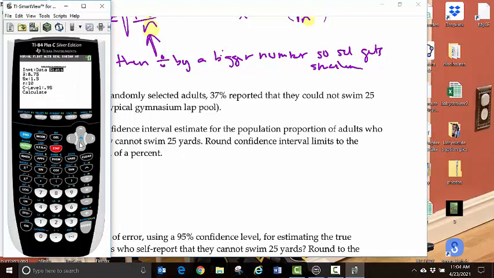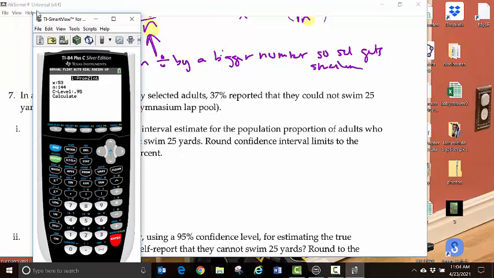So this time it's stat tests 1 prop z int, sorry, 1 prop z test is next week. All right. They reported that in a recent poll out of 900, 37% reported that they could not swim.